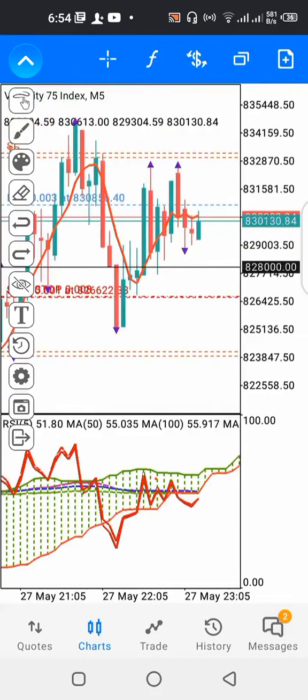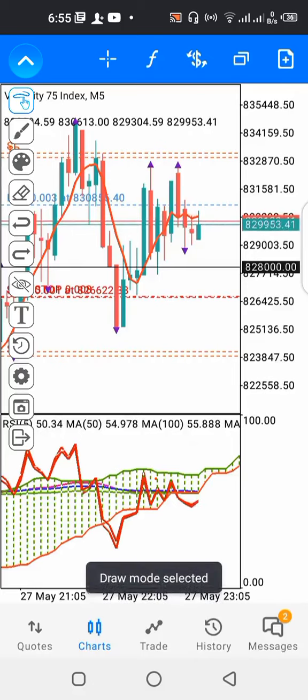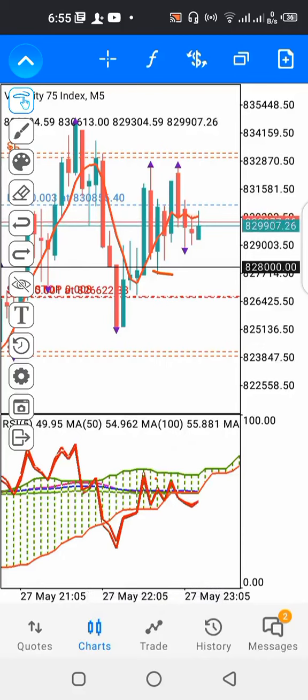So the upward price movement is still in order and is still intact until I start to see a break below the next low.